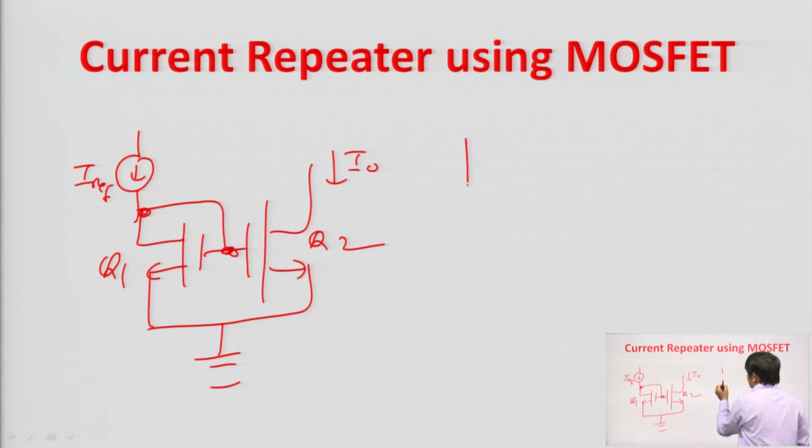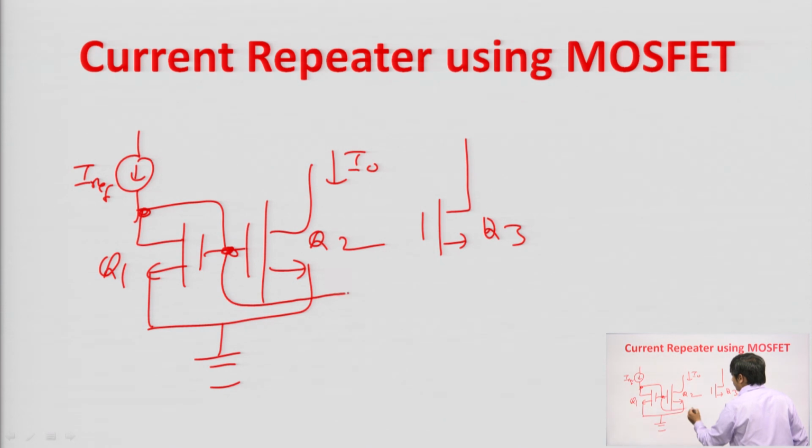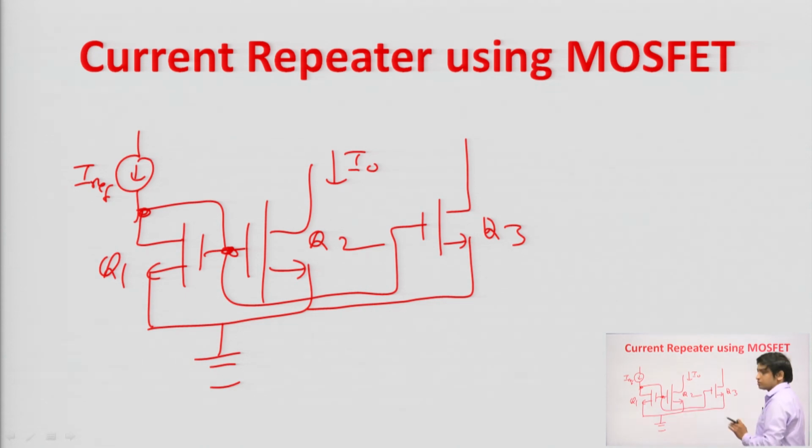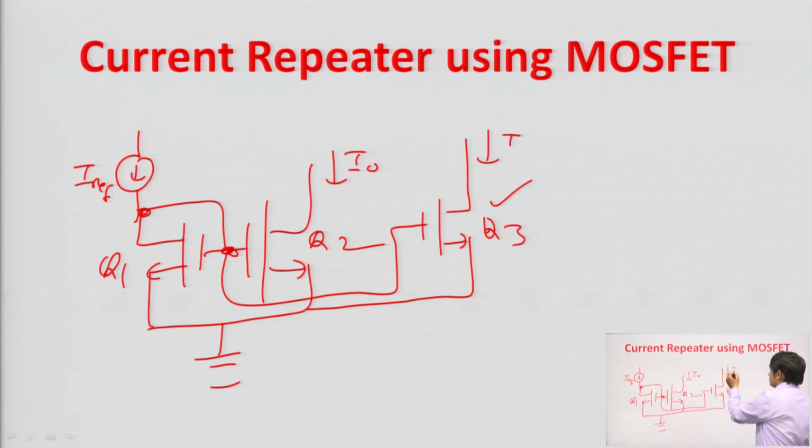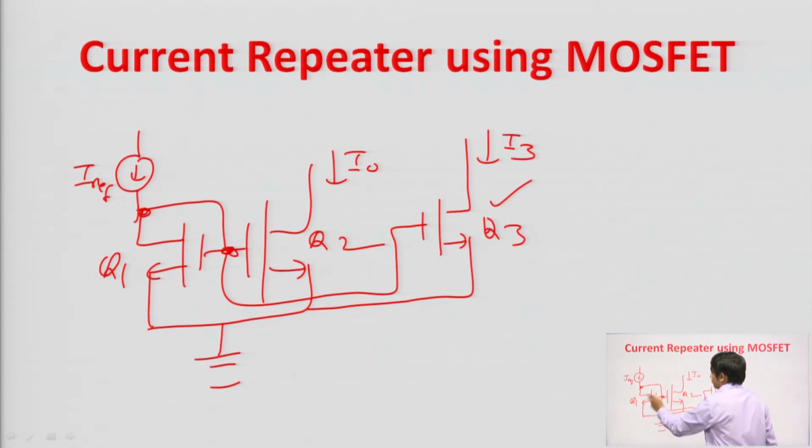Similarly, if we connect another transistor Q3, and the gate terminal of Q1 and Q2 is shorted to the gate terminal of Q3, and the source terminal is shorted to the source terminal of Q1 and Q2, then the gate and source potential of Q3 is again the same as Q1 and Q2. Then we will get I3 equal to I naught, provided the W by L ratio of Q1, Q2, Q3 is the same.